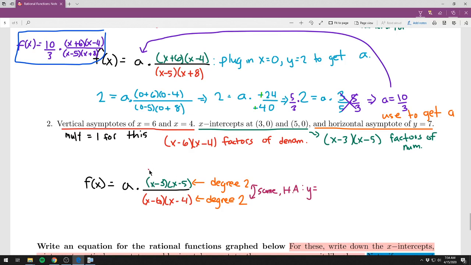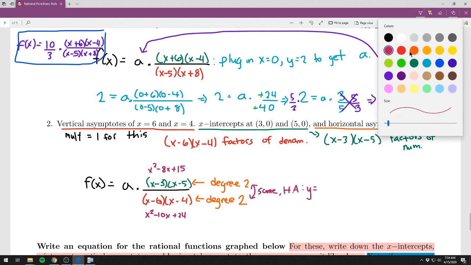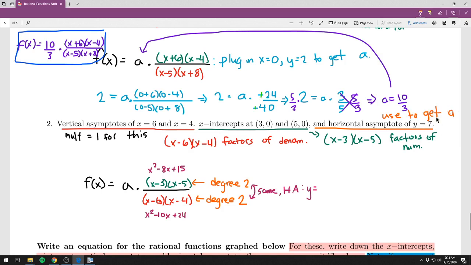But if you FOIL out the top, you get x squared minus 8x plus 15. And on the bottom, you get x squared minus 10x plus 24. What you'll notice is their leading coefficients are 1. So that would tell us we have a horizontal asymptote of y equals 1. To make it 7, we simply just put a 7 here for a.